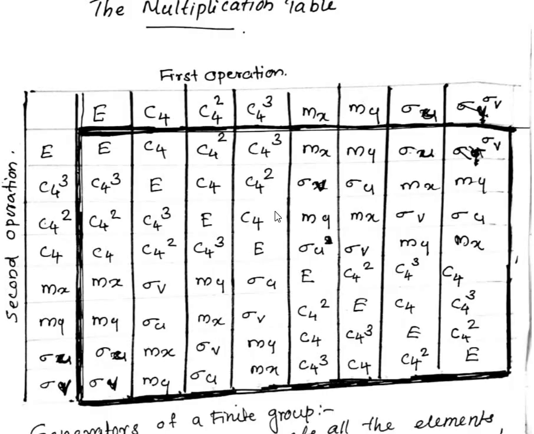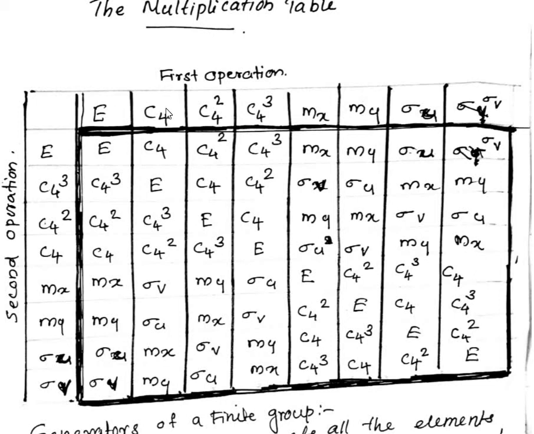So like above, you have to do all the operations. So we write the multiplication table. Don't write blankly. You have to do each operation. So we can write these elements in a group multiplication table. The order is not important. We can write e, c4, c4 squared.